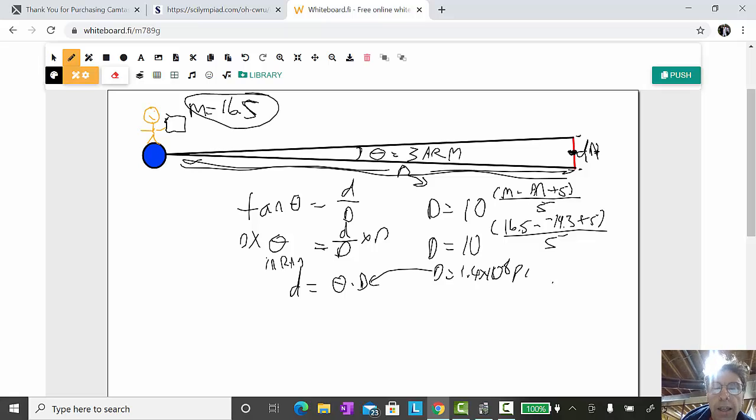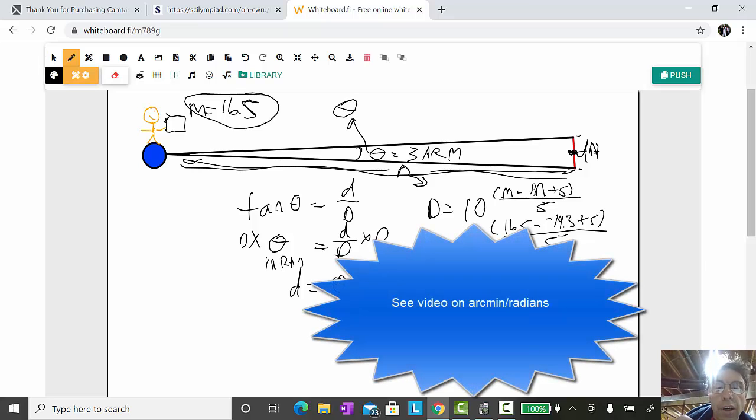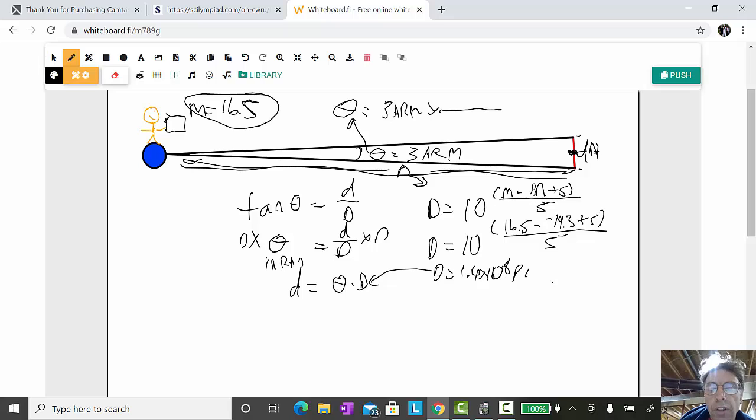Now I need my theta, which right here is theta. I want it in radians, and I've got it in arc-minutes, so I have to use dimensional analysis: 3 arc-minutes, for every 60 arc-minutes there's 1 degree, and for every 57.3 degrees there is 1 radian.